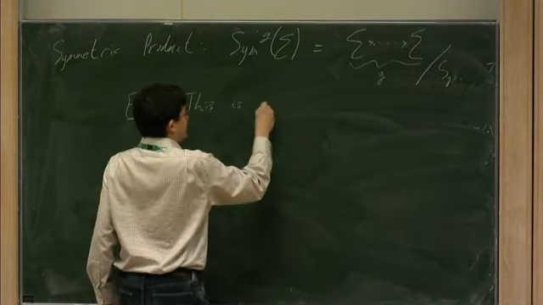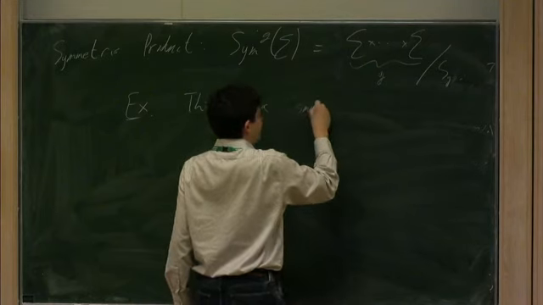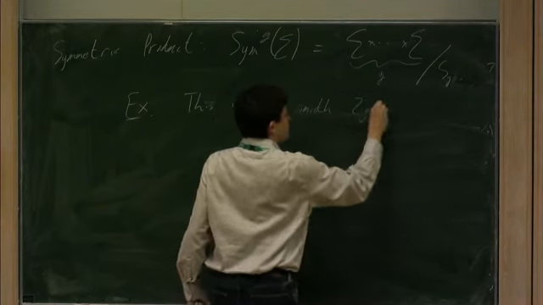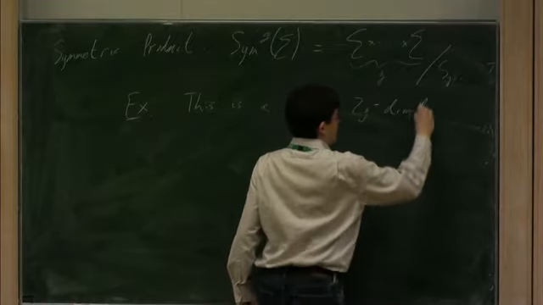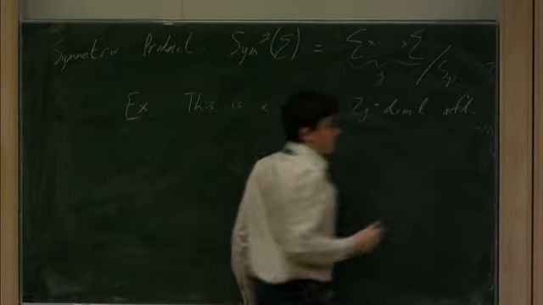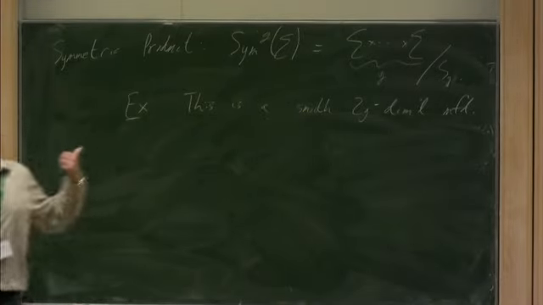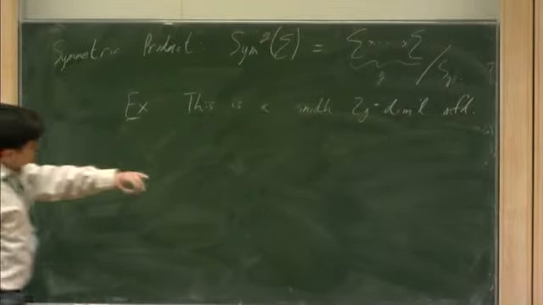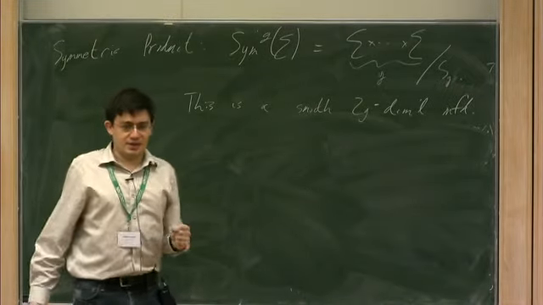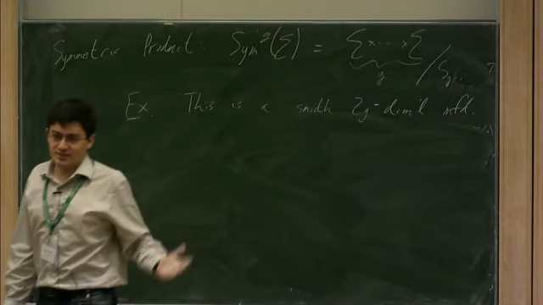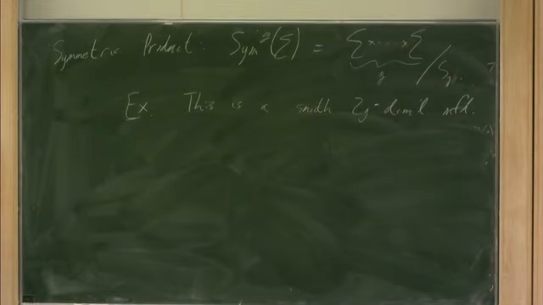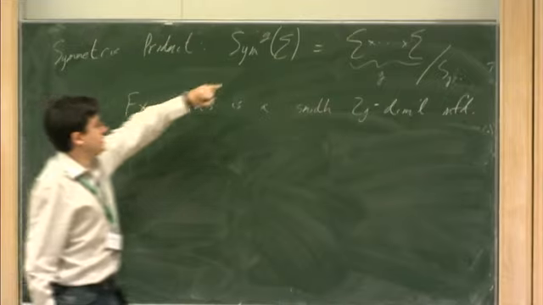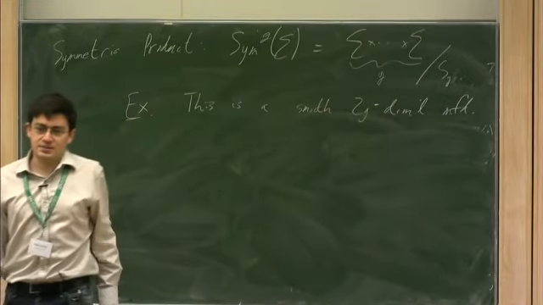This is a smooth 2g-dimensional manifold. And in fact, if I make my sigma into a Riemann surface, then this becomes a complex manifold. The complex structure of the Riemann surface naturally translates into a complex structure on the symmetric product.